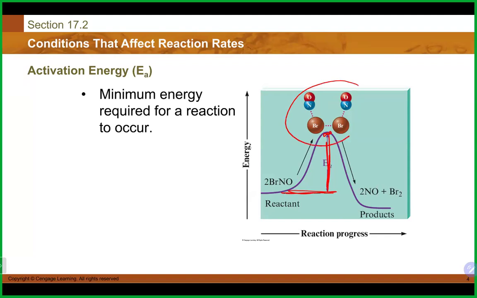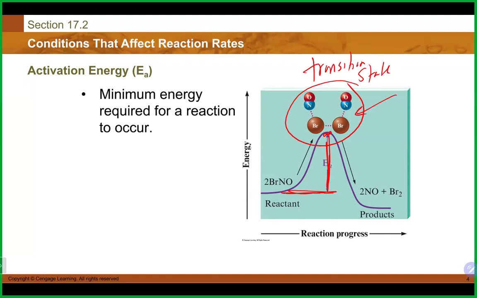At the top here is our transition state, as we talked about. What we see there is sometimes referred to as a transition state complex. It is sort of an intermediate, if you want to think about it, of something that has partially broken bonds and partially made bonds.